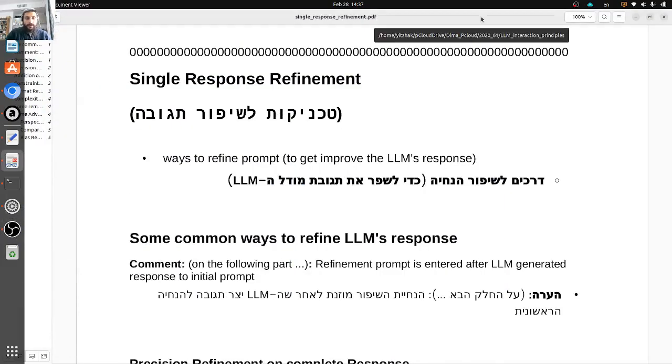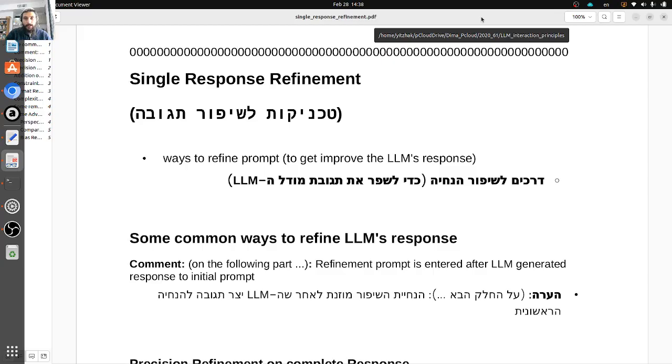All right, so before I introduce the iterative refinement technique, I want to discuss another technique which is the basic building block of iterative refinement, and it is called single response refinement.